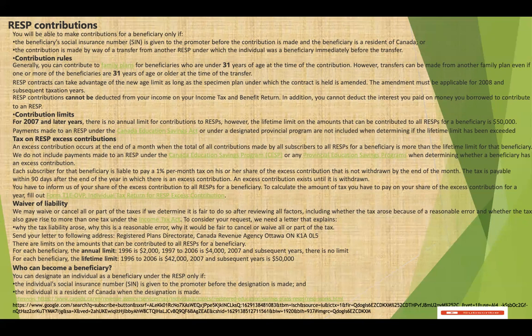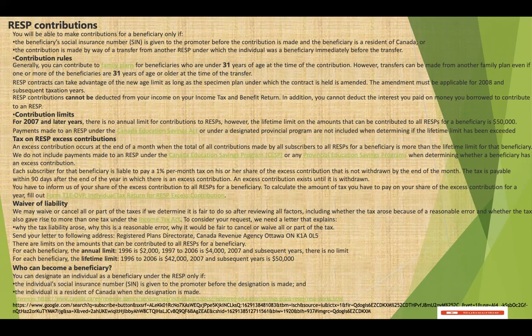Generally, you can contribute to the family plan for a beneficiary who is under the age of 31. However, a transfer can be made from another family plan if one or more of the beneficiaries are 31 years old or older. RESP contributions cannot be deducted from your income tax and benefit return.